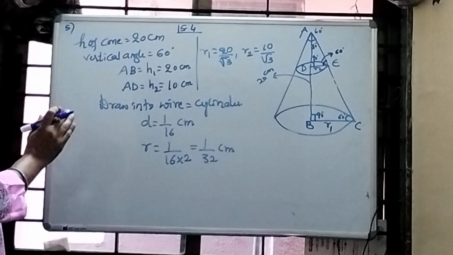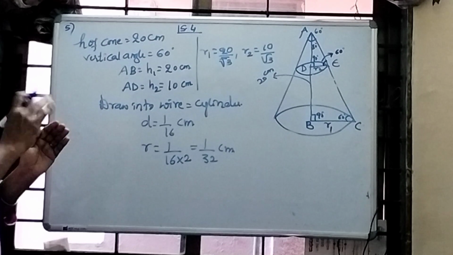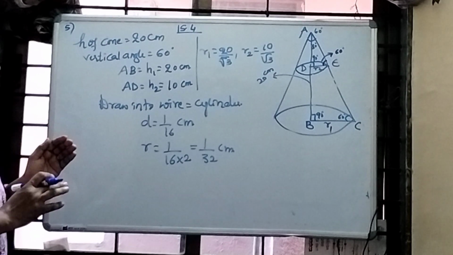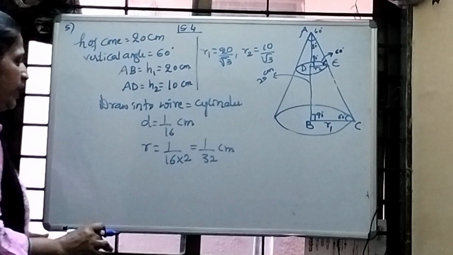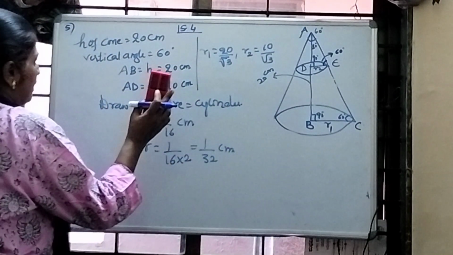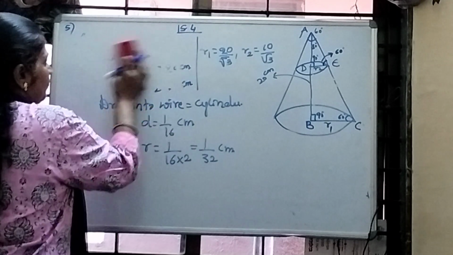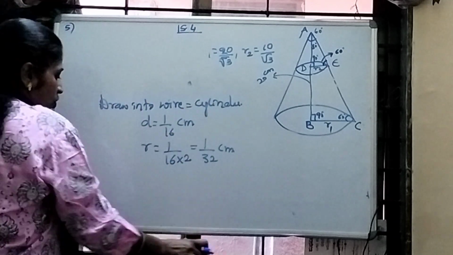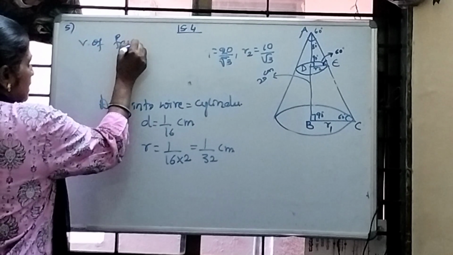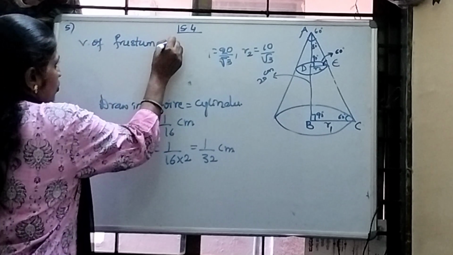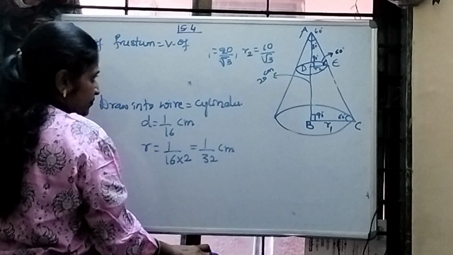Here, if one is converted to another, as we have studied in the second exercise, we have to take volumes. So volume of frustum is equal to volume of cylinder.